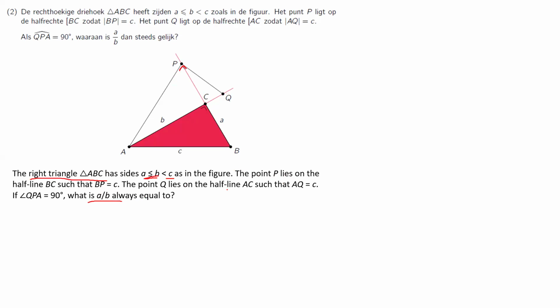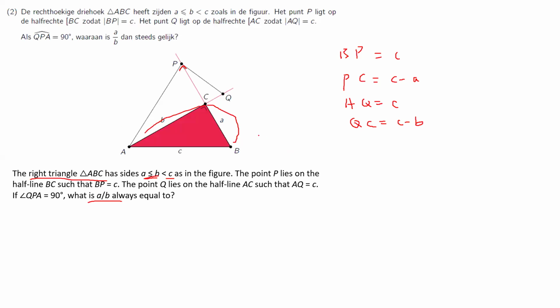So it's very straightforward because we know that BP is c. Then we have PC is c minus a, because BC is a and BP is c, right? And the same, as AQ is c, the QC is c minus b because AC is b, right?